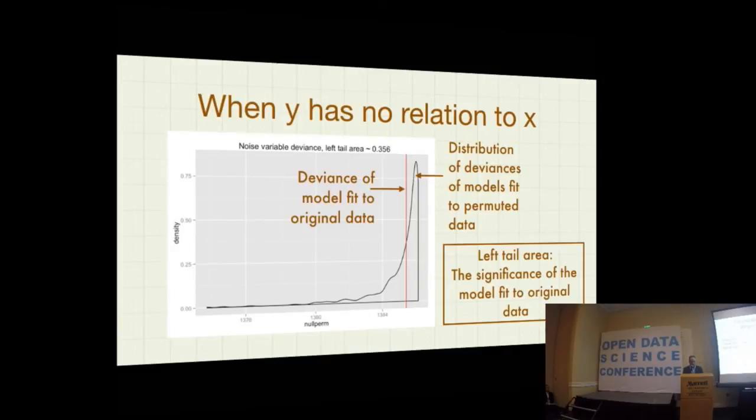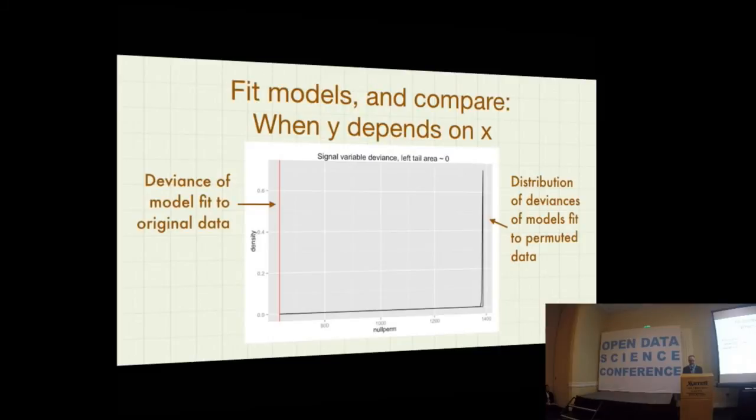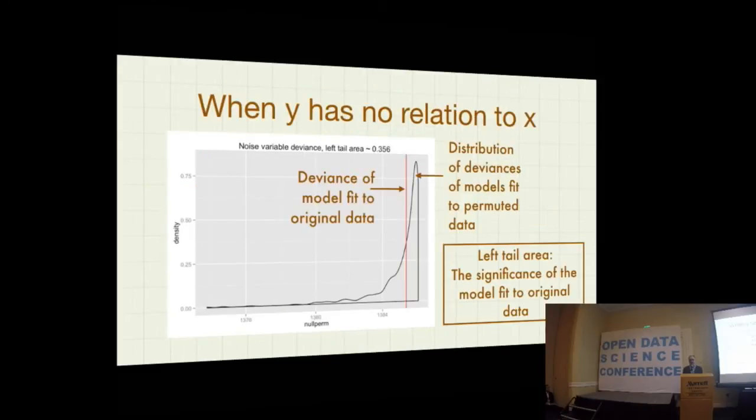If our actual model, on the unpermuted data, is way over on the left, and the distribution of all the crummy models is way over on the right, then we plausibly are not one of the crummy models. Whereas if our fit is typical of the permuted sets, we have no evidence we've actually fit anything, no matter how far we've reduced the deviance. We just have evidence that we have nothing.